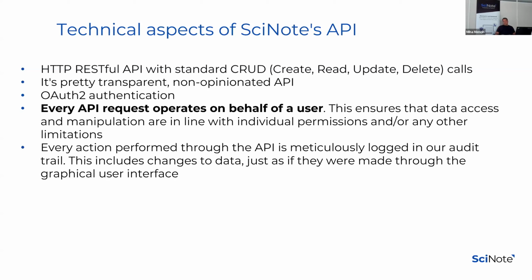There is a second benefit of that. If you want to integrate with two different systems that should have access to two different pieces of data in SciNote, you can configure permissions on a user level, so that one integration has access to this part of the data, and the other integration has access only to that part of the data.